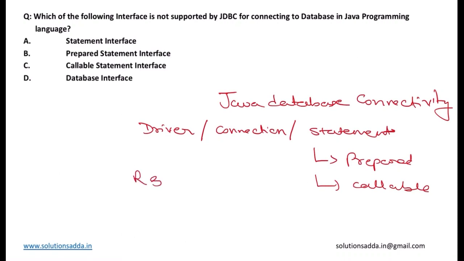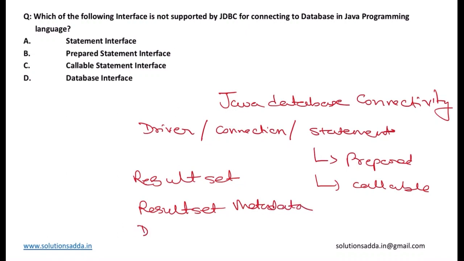Then result set interface, result set metadata interface, database metadata interface, and row set interface. So we see that option D, which is database interface, is not supported by JDBC. Hence option D is the correct answer.